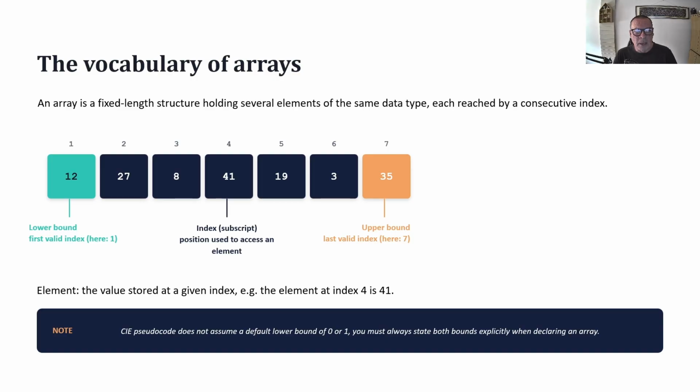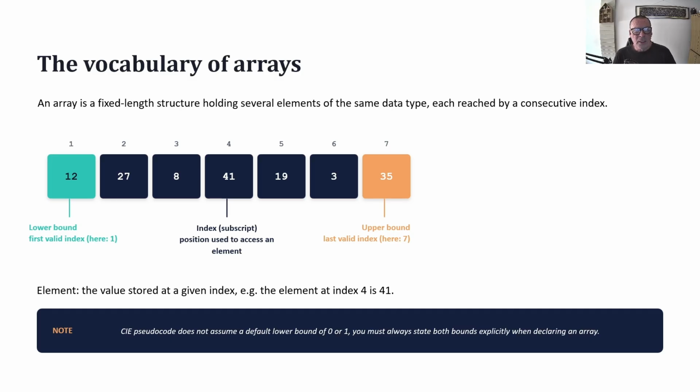So we have a lower bound, which is the first index value, in this case 1, but can be 0, and an upper bound, and the last value there is 7, that's our upper bound. And then index is a subscript, the position that we want to access. For example, if we talk about element 4 with an index of 4, then it's number 41.